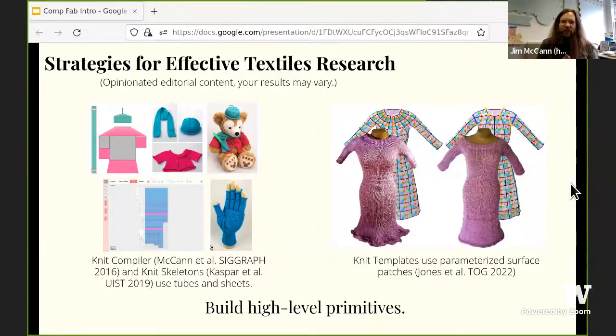Or in the knit primitives work that came out of the University of Washington recently, you can adjust these kind of high-level patches on the surface, which are shaped patches, to get all sorts of variability in your patterns. So high-level primitives seem to be another effective strategy in textiles research.